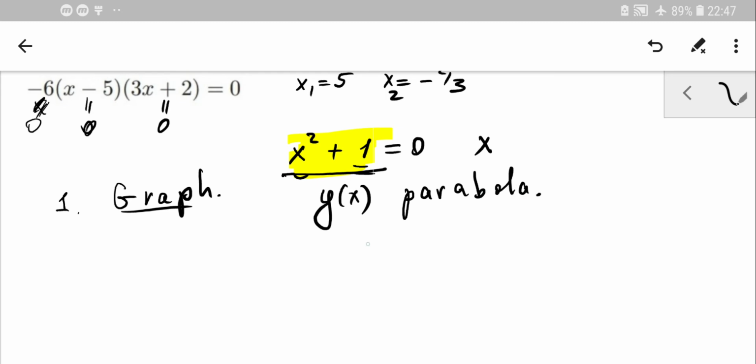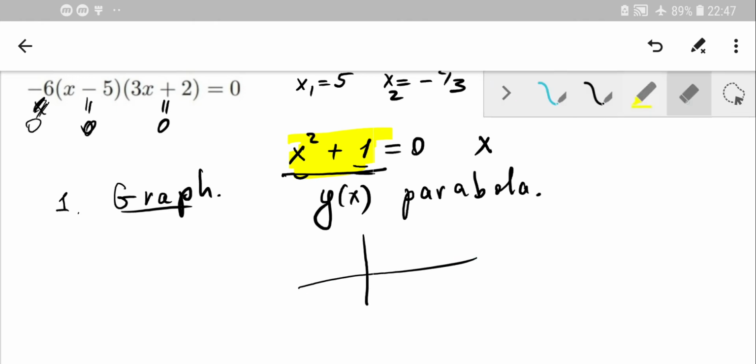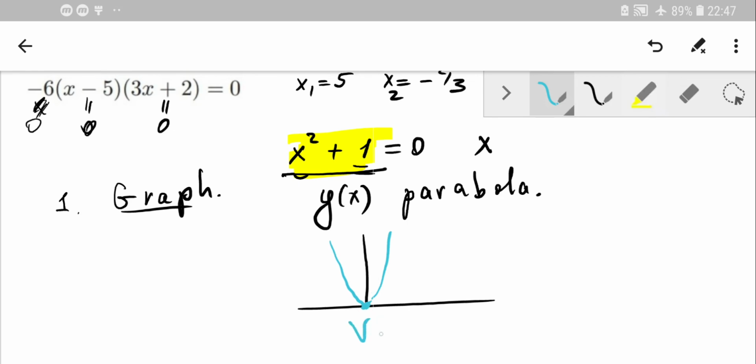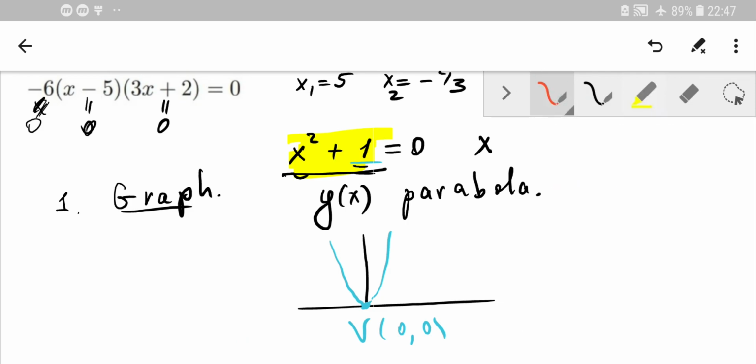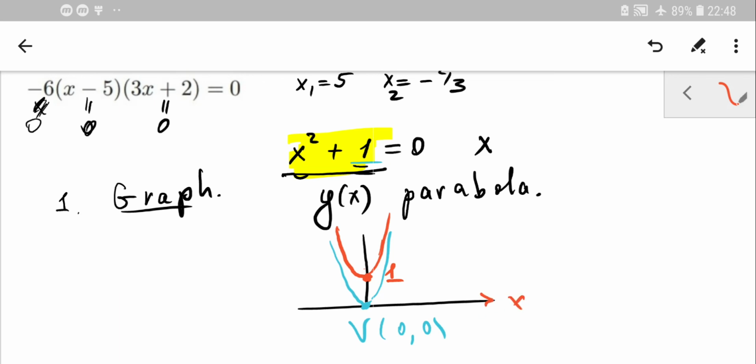All right, using transformation theory, we can state that there was x squared, the graph of the parabola, sort of like a smile with the vertex at 0, 0. And now it moved 1 unit up. So the actual graph, which I drew in red, is here, with the vertex lifted by 1 unit up. The shape is not changing. So right now we have a graph that is completely above the x-axis.